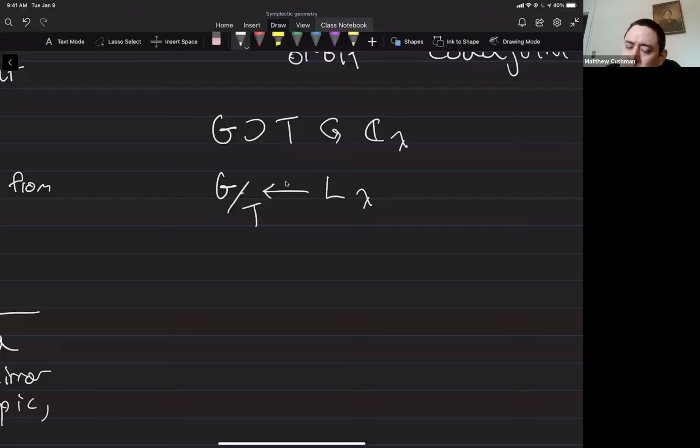Oh, I think I see what you're saying. A section of this bundle is essentially choosing an element of all of those spaces in the induction. So you should think of the induction as sections of this line bundle; the fibers are the cosets.